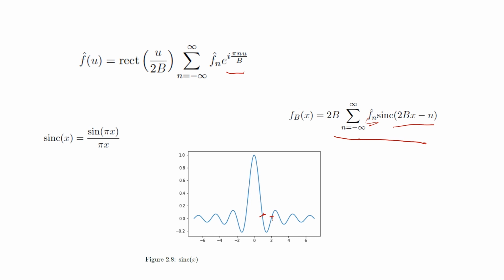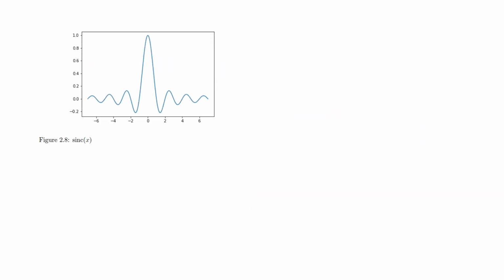Now we can evaluate these expansion coefficients f hat of n by using the Fourier series analysis as we did in episode 2, or we can use the zeros of the sinc. So if we look at this function, and we evaluate it for some particular value, let's say that we're going to evaluate it at f of n prime over 2b. So that x is equal to n prime over 2b.